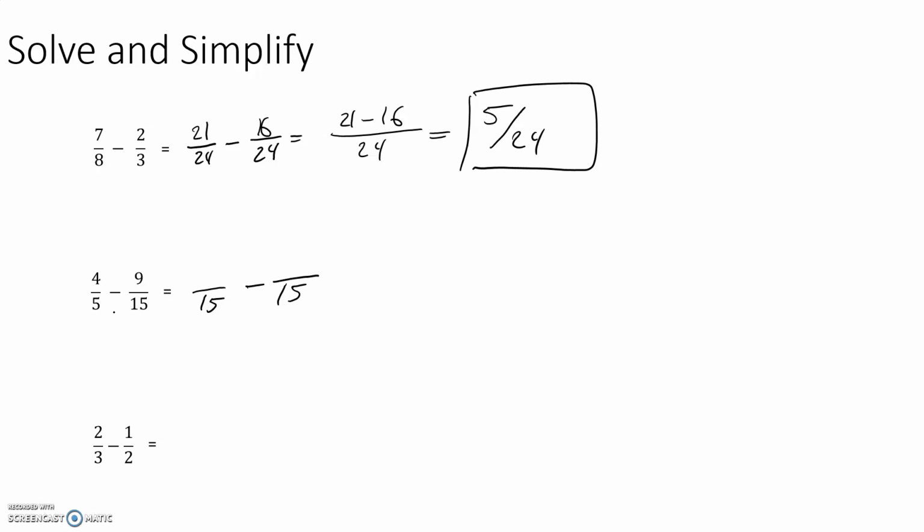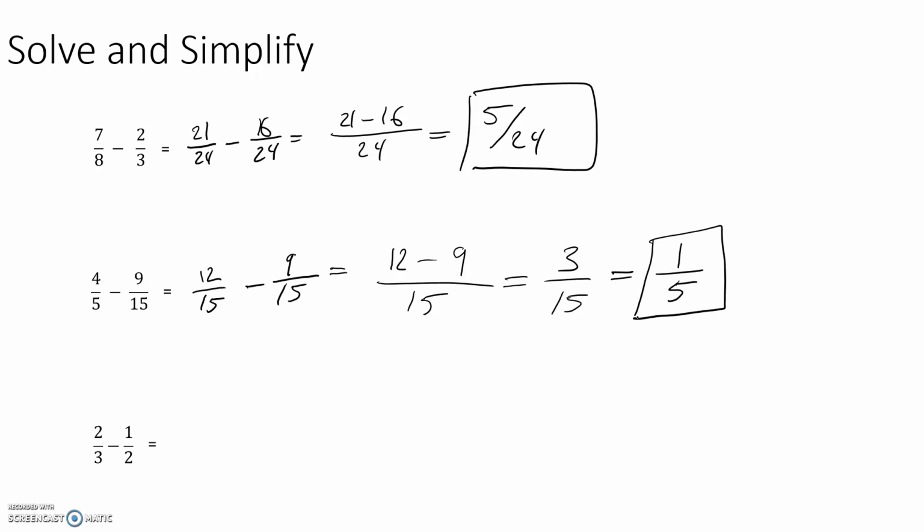So 3 times 5 is 15, so 3 times 4 is 12. 9/15, I don't have to do anything because that 15 was my common denominator, so I subtract, so that equals 12 minus 9 over 15, and that would be 3/15. So I solved the problem, but that's not in simplest form because 3 is a common factor of both 3 and 15. So my answer in simplest form would be 1/5.